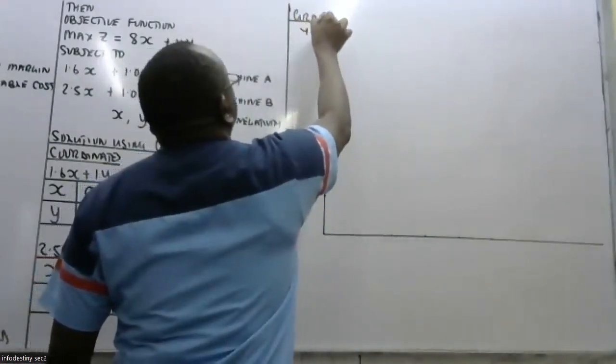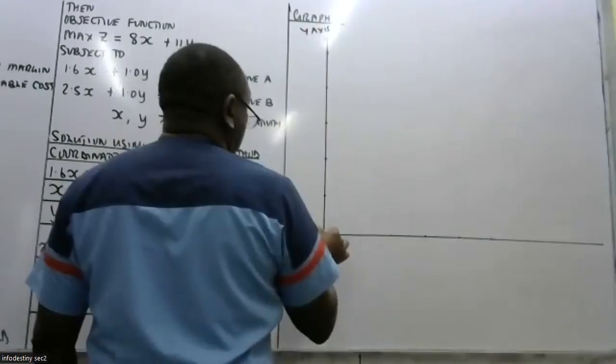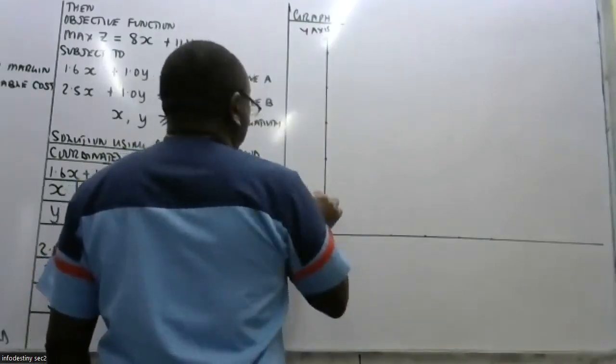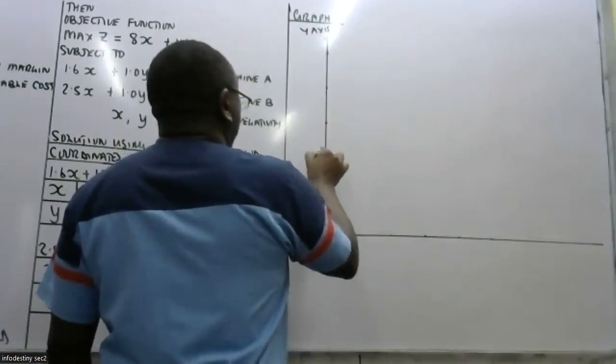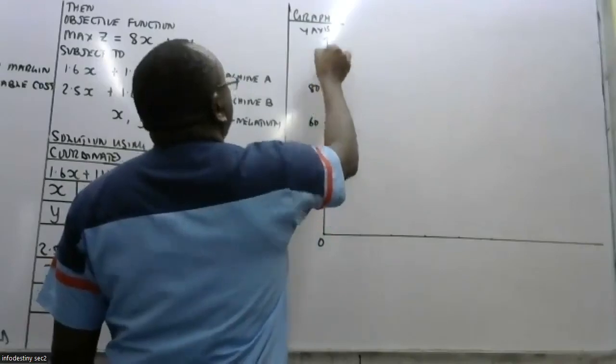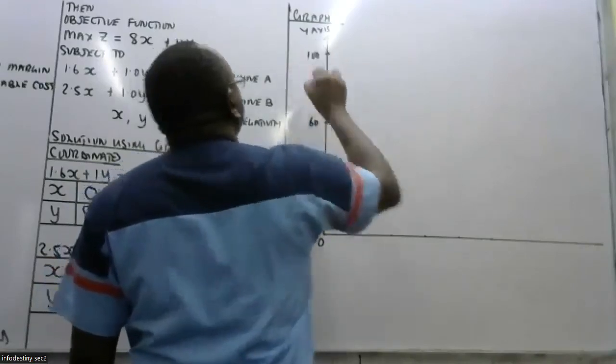On the y-axis, this is 0, then we have 20, 40, 60, 80, and 100.